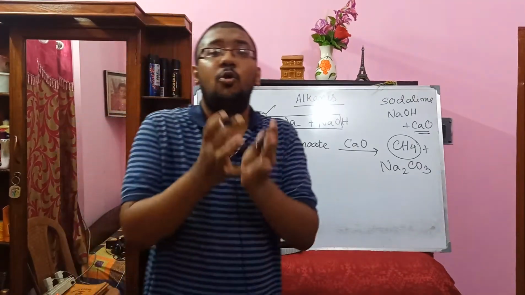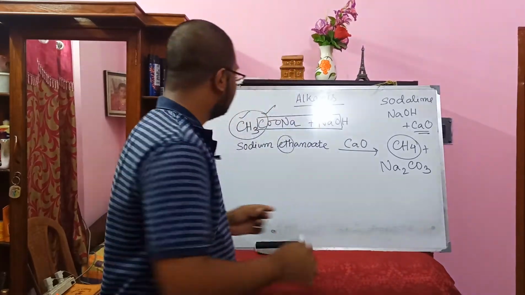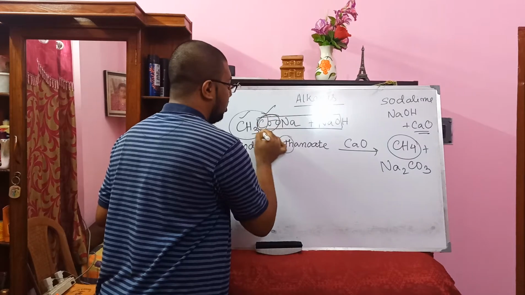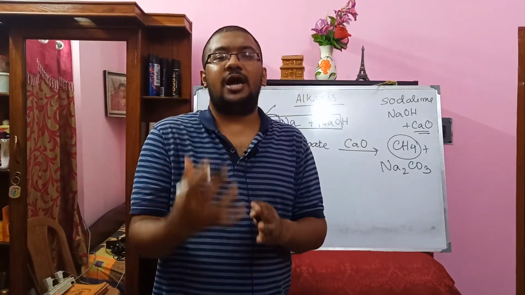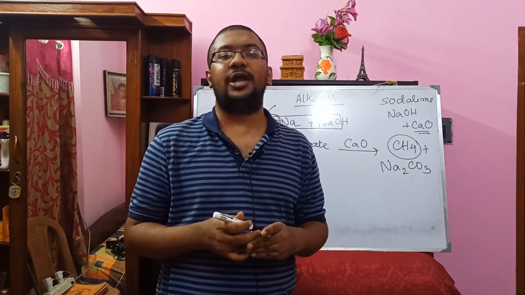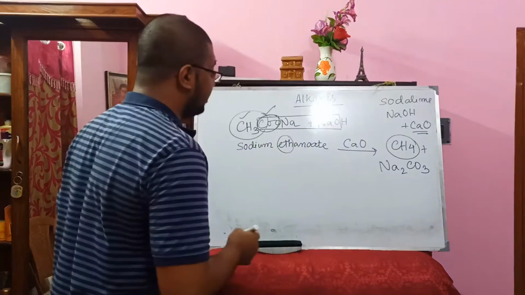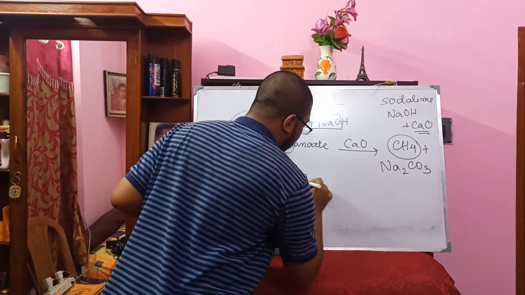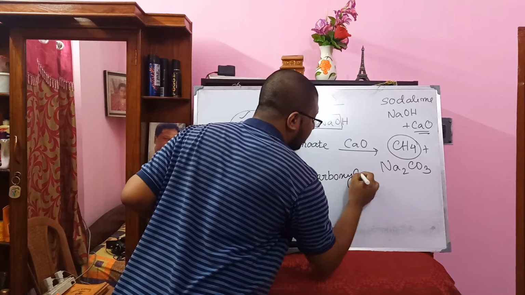If we are losing this carbon, COO, in the form of carbon dioxide or even in the form of carbonate, this is called decarboxylation. So this reaction is also known as a decarboxylation reaction.